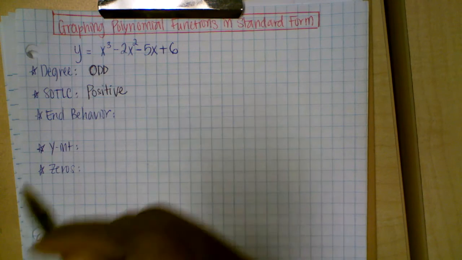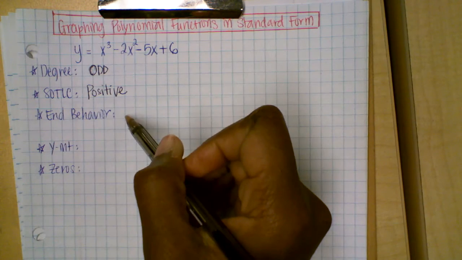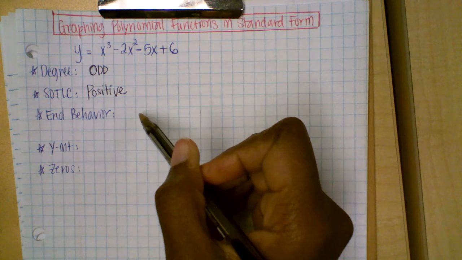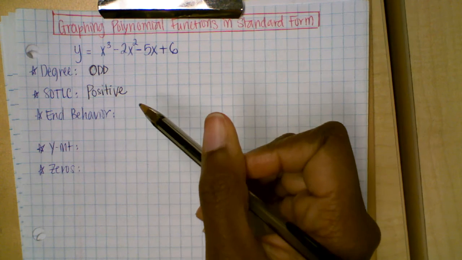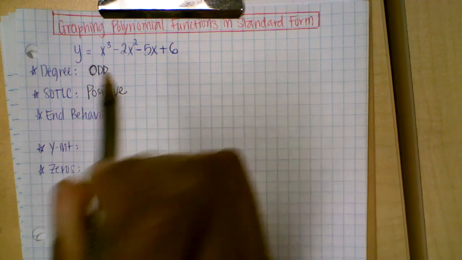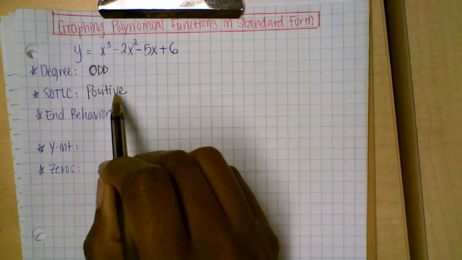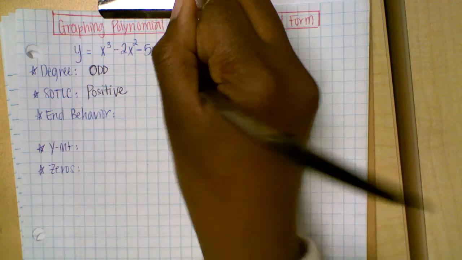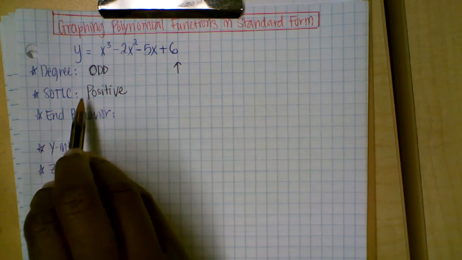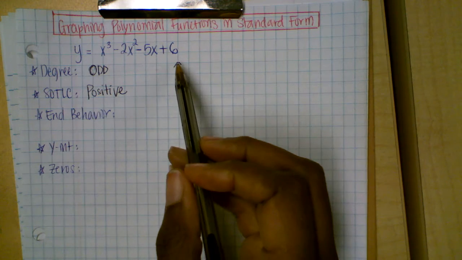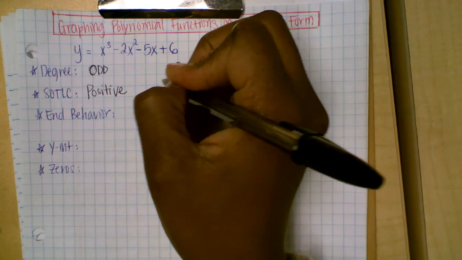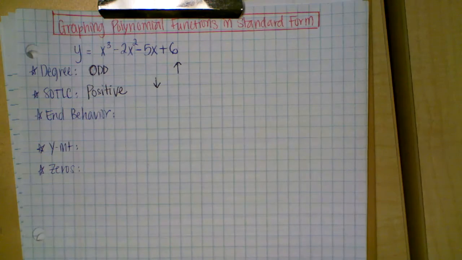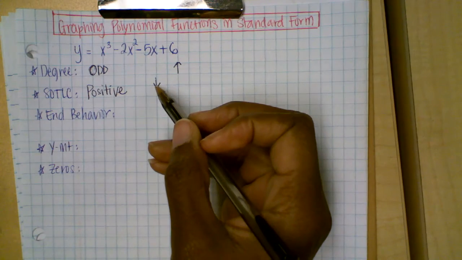And let's then describe the end behavior. To describe the end behavior using arrow notation, let's do a visual representation of end behavior. Because the sign is positive, the arrow on the far right is going to point up. And since the degree is odd, an odd degree polynomial points toward the opposite direction, so the other end needs to point down.